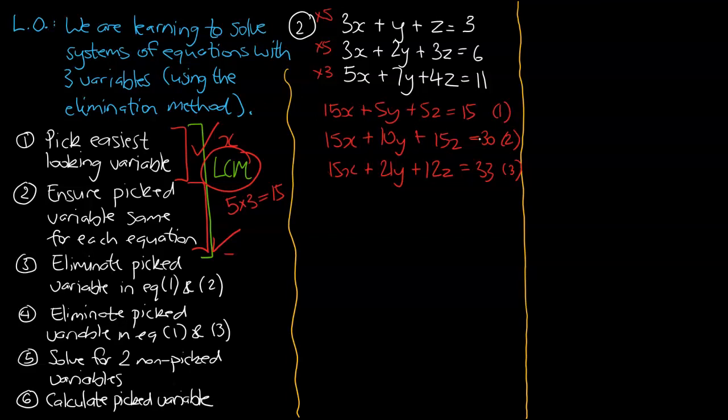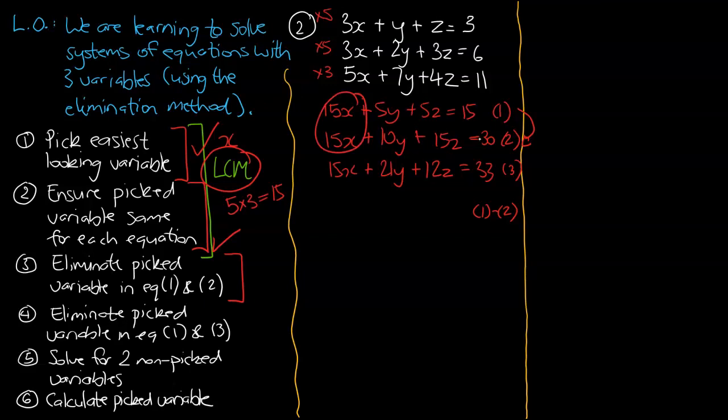We're now on to step number 3, and this is where we start eliminating it. And we're starting off with equation number 1 and equation number 2. I can get rid of the picked variable, which is the x, by going 15x minus 15x. So that means I need to subtract all of equation number 2 from equation number 1. So equation number 1 minus number 2.